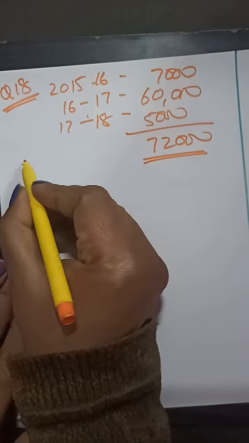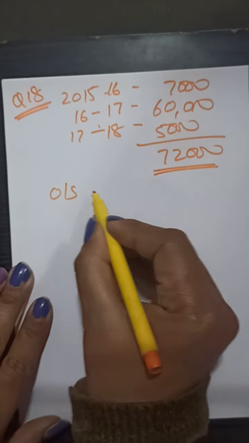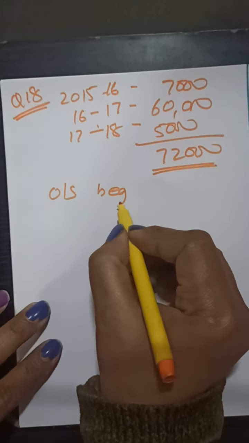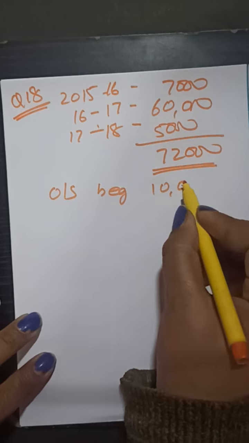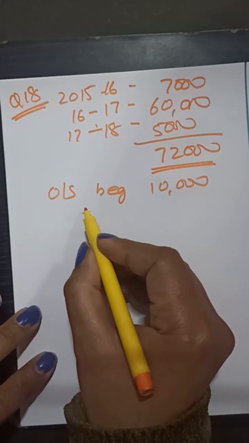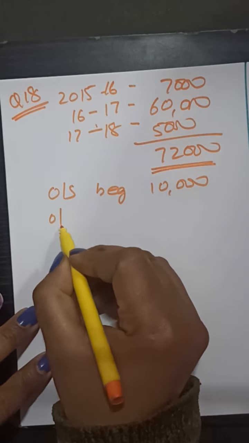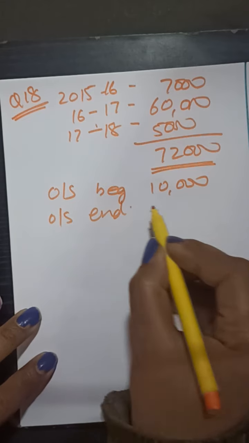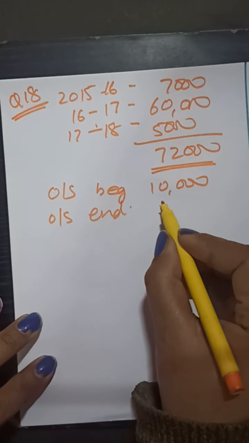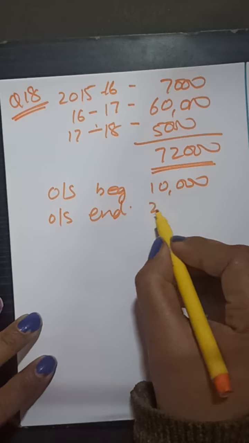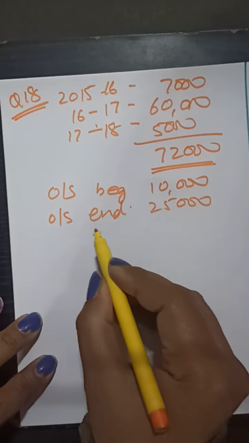This is given. And then they tell us subscription outstanding at the beginning is rupees 10,000. Outstanding at the end, that is 31st March 2017, is rupees 25,000.